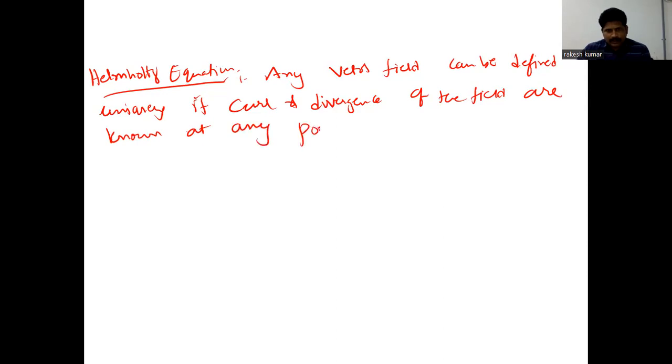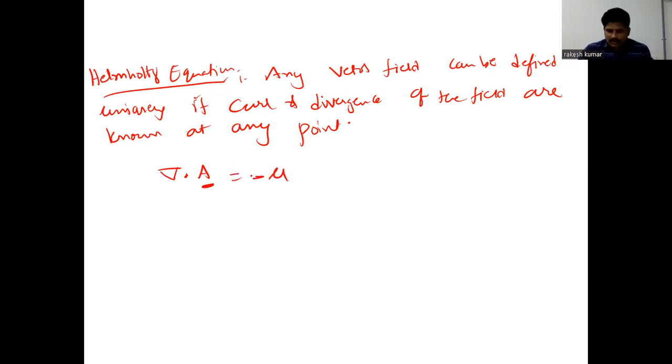We have studied this in EMTL. Here that means del dot A; the vector field can be defined uniquely if the curl and divergence of the field are known.